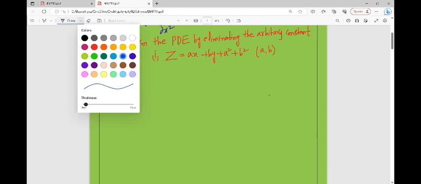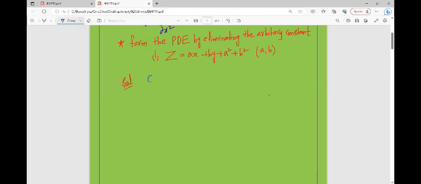In the solution, step number 1 is we have to write whatever it is given: z is equal to ax plus by plus a square plus b square.